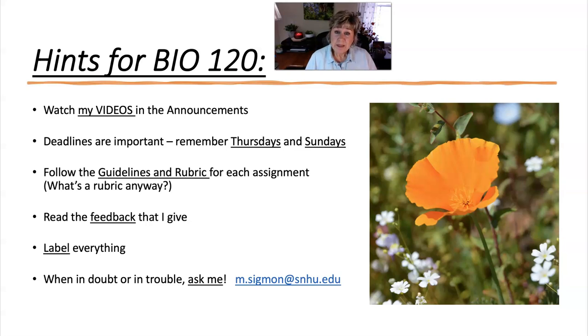It tells me what should be contained in this particular assignment in order for this to be a really good body of work, or okay body of work, or not acceptable, or not even present. So that's what a rubric is. You can see them even before I grade, so you know what I'm looking for. Read any feedback that I give you so that you can improve and do things correctly.